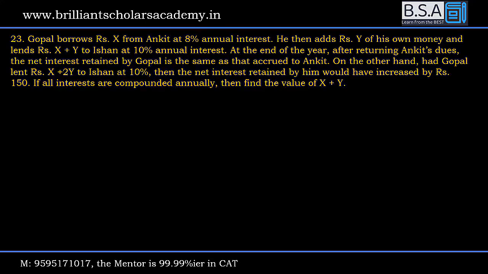Gopal borrows rupees X from Ankit at 8% annual interest. He adds Y rupees of his own money and then lends rupees X plus Y to Ishan at 10% annual interest. At the end of the year, after returning Ankit's dues, the net interest retained by Gopal is the same as that accrued to Ankit.